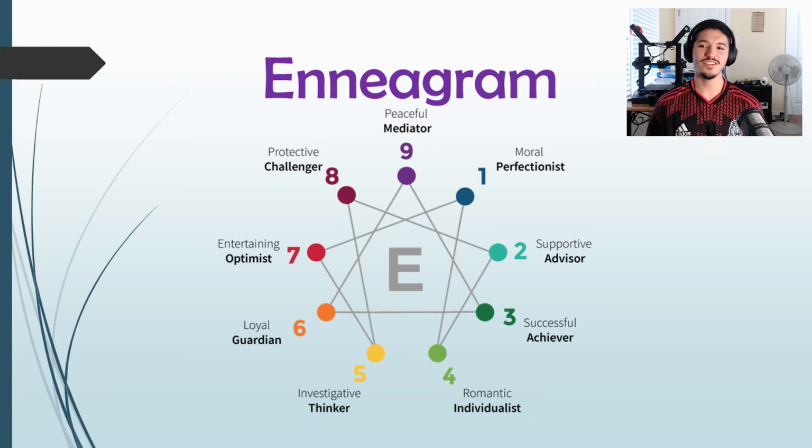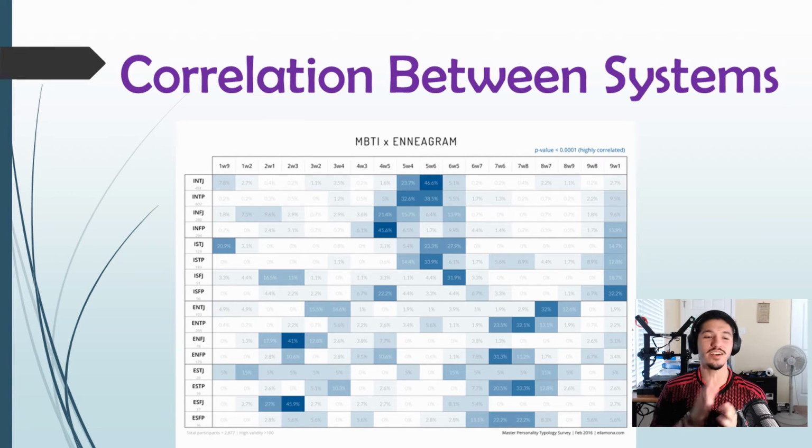So now let's move on to the correlation between the systems. As you can see in this chart, it basically shows a percentage in a study of what personalities are more inclined to being an Enneagram type. Also, an interesting thing I found was that your Myers-Briggs personality is something you're born with.